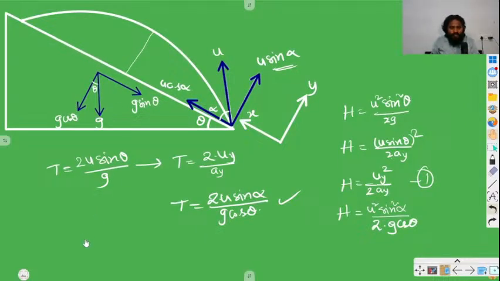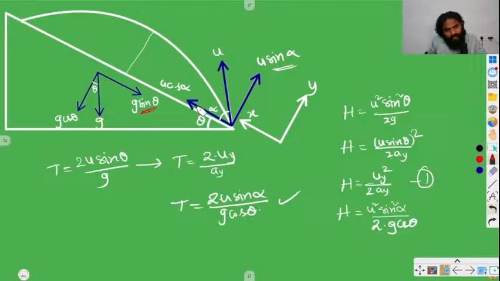So range is equal to velocity along the x-axis into time. But here along the x-axis there is an acceleration, so to find the range, just take it as x.